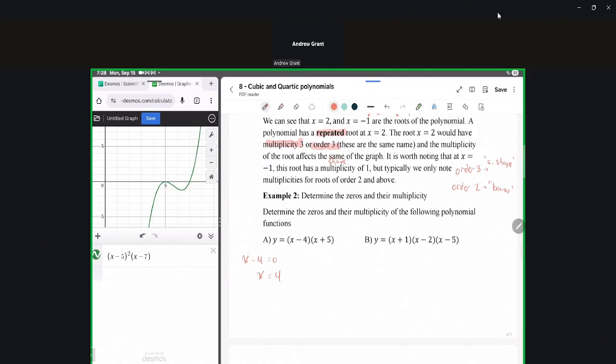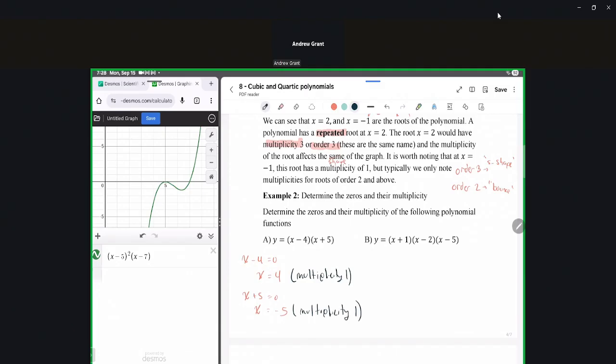And we have x plus 5 is equal to 0, so x equals -5. For completeness, I'll just say that these are multiplicity 1. Again, we don't normally write this, but this is the first time we're learning about it, so I'll write it for this one.